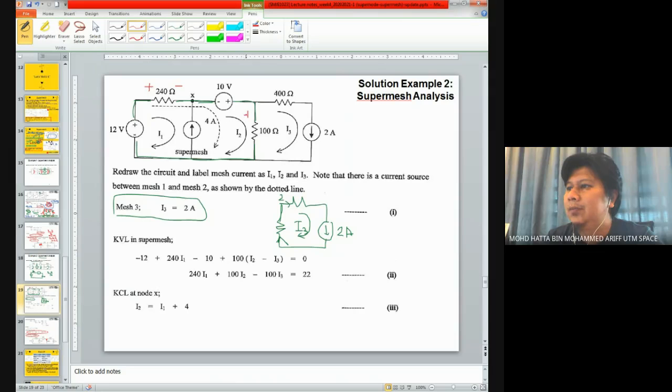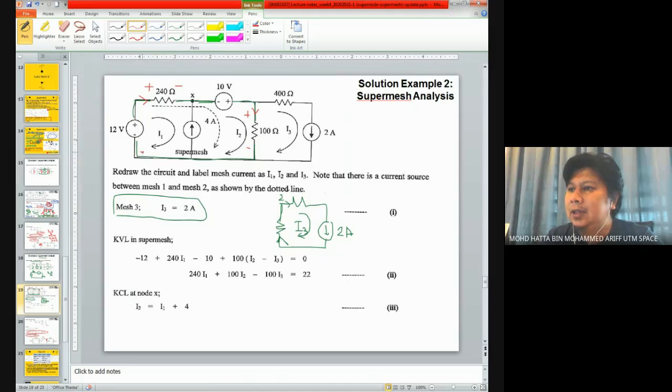Here we have 240 ohm. Since there's a current flowing through here, this side should be positive. And since we are considering current flowing in that direction, there is a current over here, and this side should be a positive terminal as well.